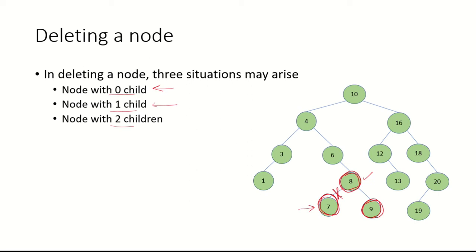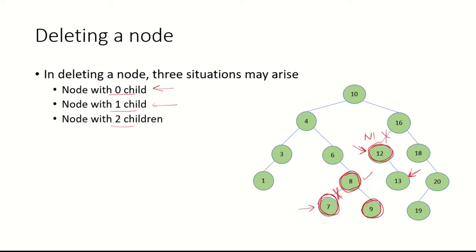What about a node with 1 child? So let's say we wish to delete this node which has 1 child. The child is 13. So if we delete this node, we simply have to remove this link with its parent. But what will happen to this node which is the child of this node n1?